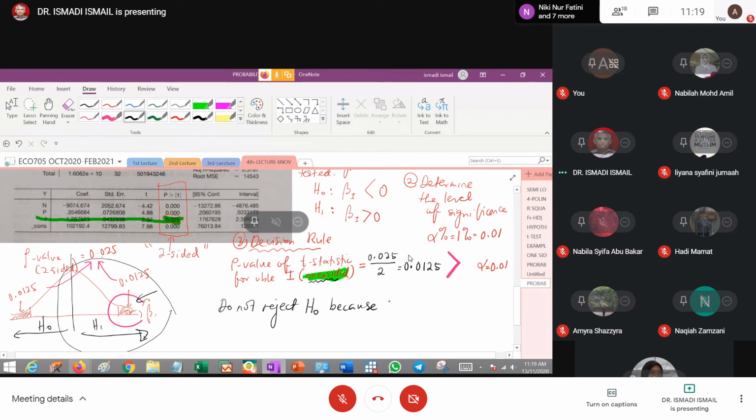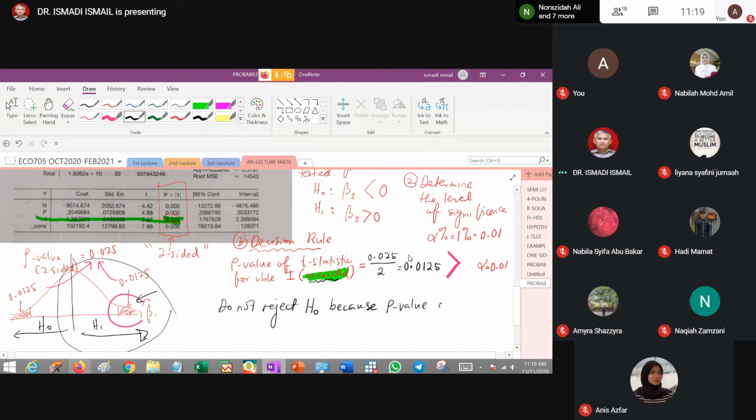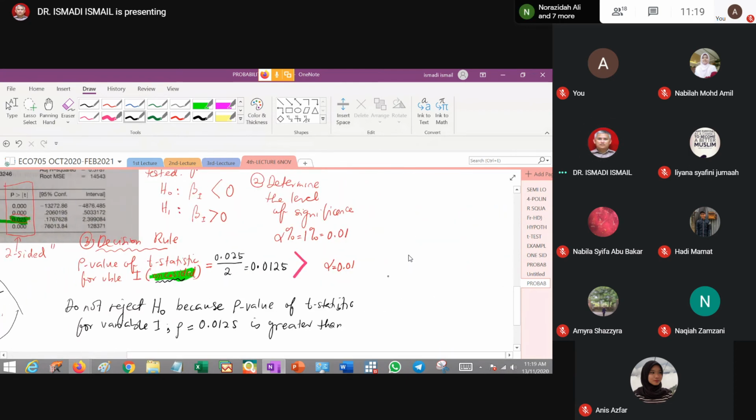Because the p-value of the t statistic for variable I is equal to 0.0125, which is greater than the level of significance alpha 0.05, sorry, 0.01.